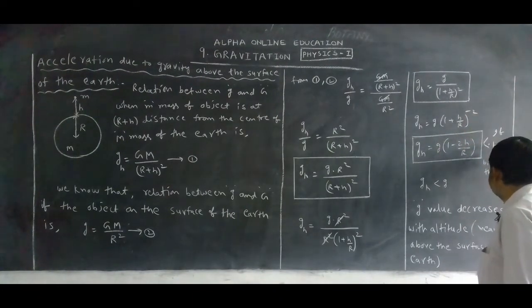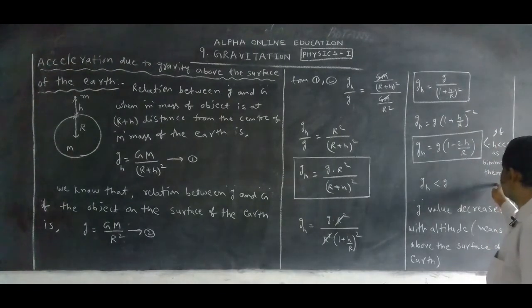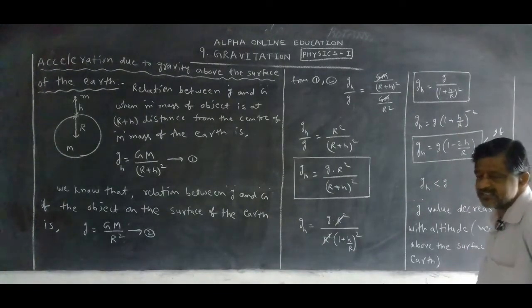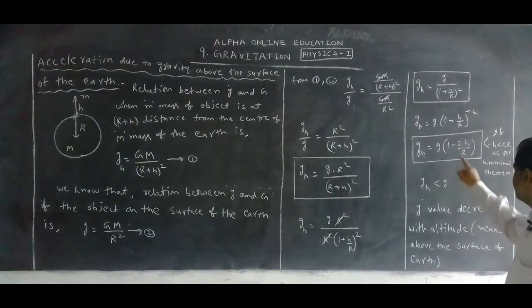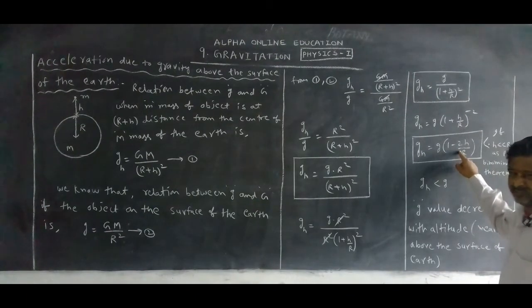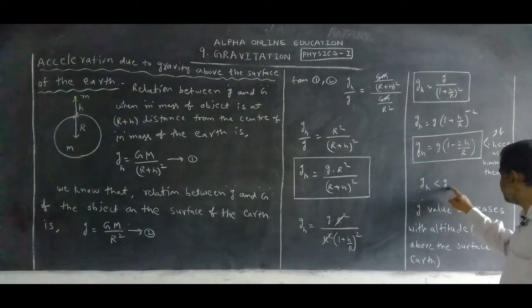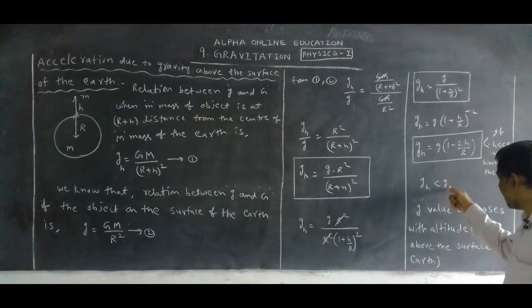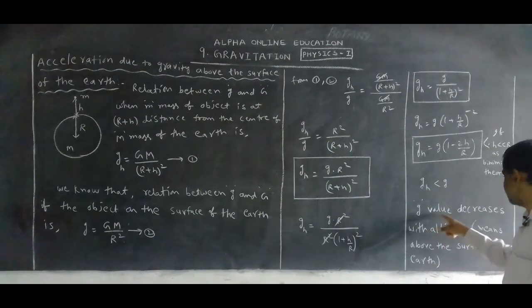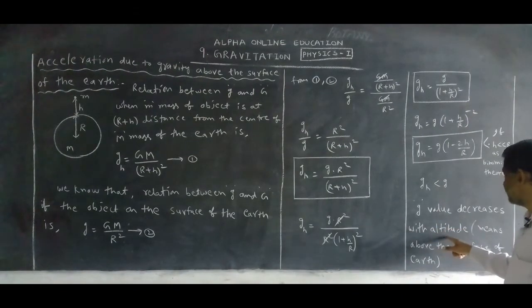Under this condition only we use the binomial theorem. We get the equation g_h is equal to g into (1 minus 2h by R). Here it is 1 minus something. That's why g value is greater than g_h, or g_h is less than g. So g value decreases with altitude.